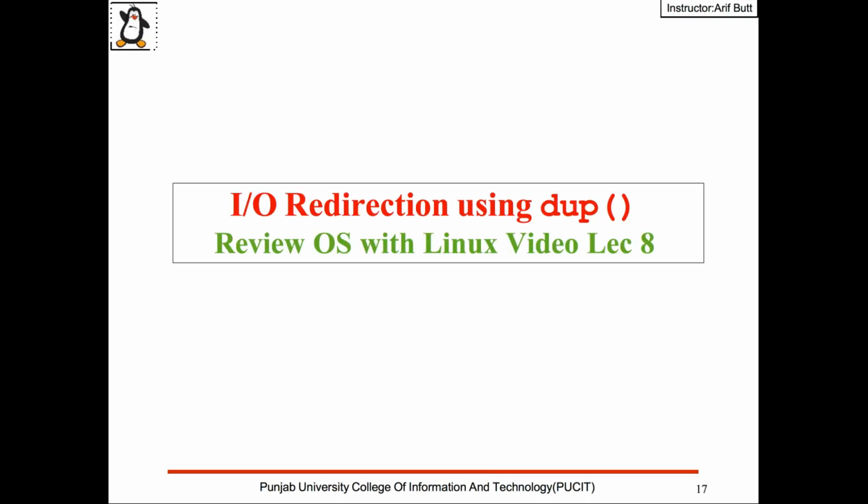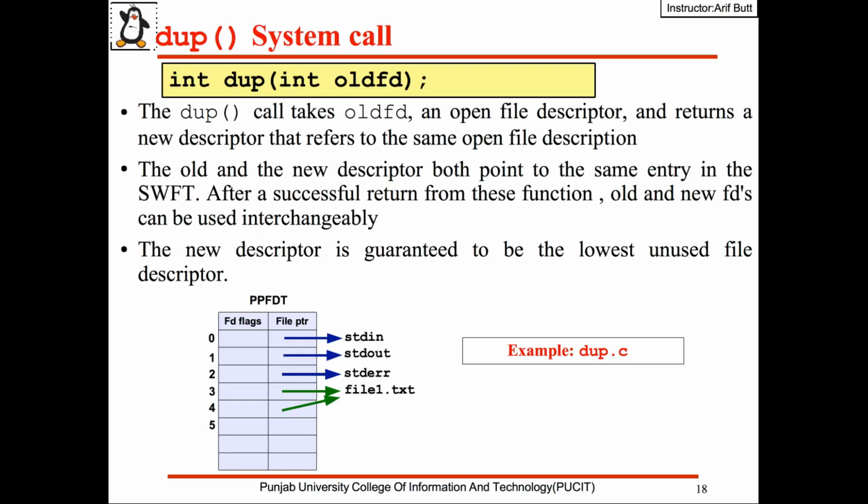Okay, so dear students, let us change gear now and see how we can do IO redirection from within a C program. And before I talk about IO redirection, let me discuss a basic usage of the dup call. The dup call takes an open file descriptor as an argument and returns a new descriptor that refers to the same open file.